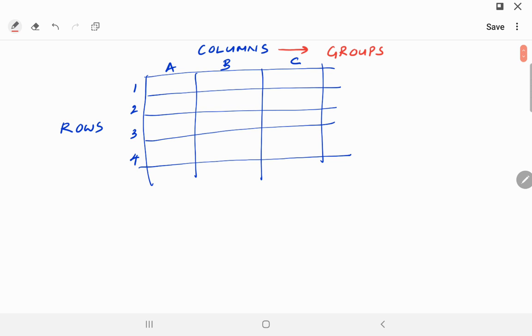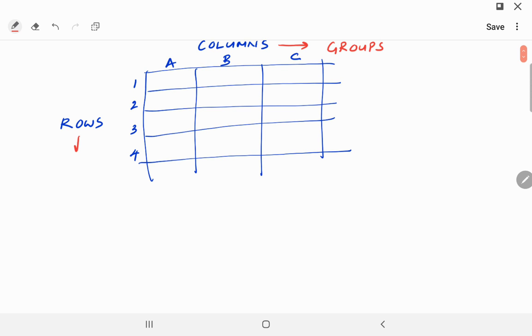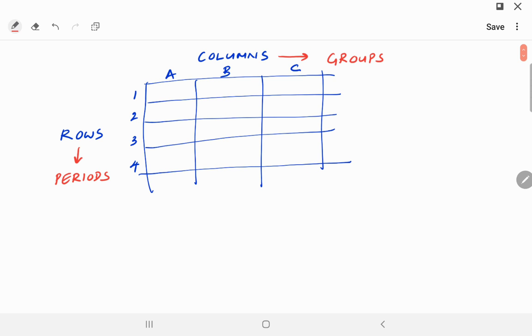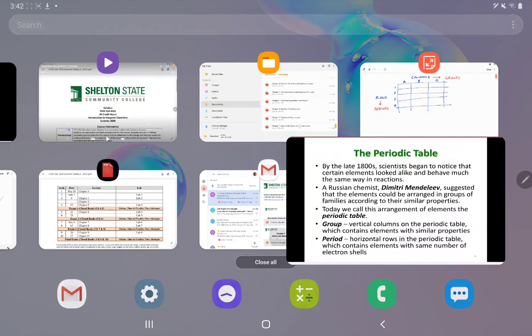Vertical columns are known as groups in the periodic table, and rows are known as what? They are known as periods. So horizontal rows are known as periods and vertical columns are known as groups in a periodic table. That is the primary difference between a regular Excel sheet or a regular table and the periodic table, okay. Groups and periods, okay.